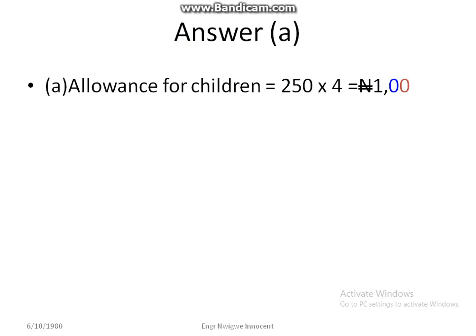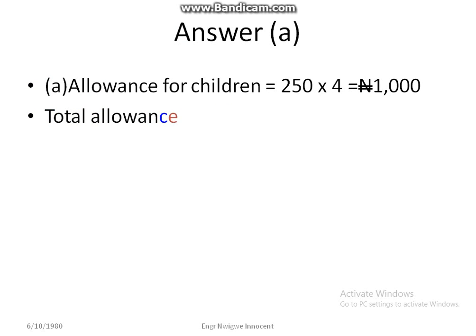Answer A. We are asked to find his annual taxable income. Allowance for the children is equal to 250 times 4, which is equal to 1,000, because he has 4 children.